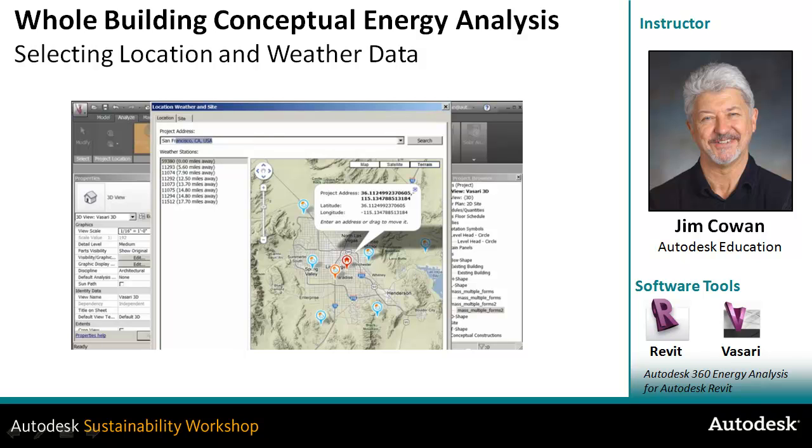Your first step in conceptual energy analysis is to select the location of your project site. From that, once you've given the address, you can select from interpolated weather stations that are local to the site itself. You can almost see from the illustration that they are on a grid pattern, so they're equidistant from each other.